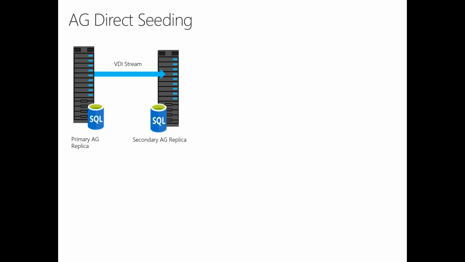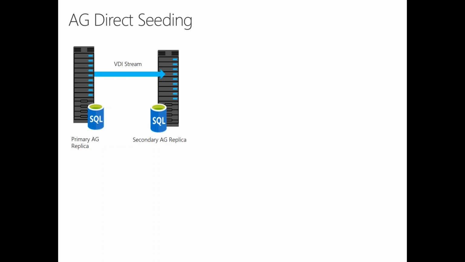Now, in order to reduce that time, we enabled something called a direct seeding mechanism, wherein you do not need to take the backup of your primary database and restore it on the secondary.